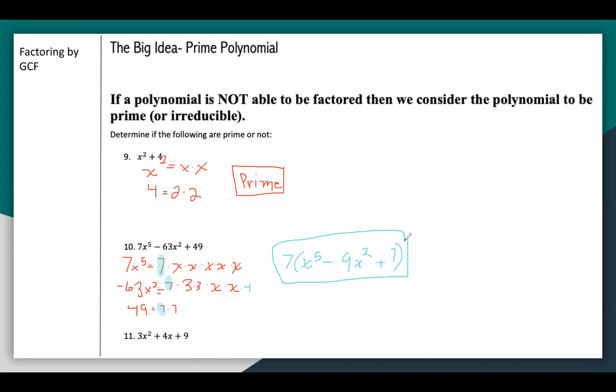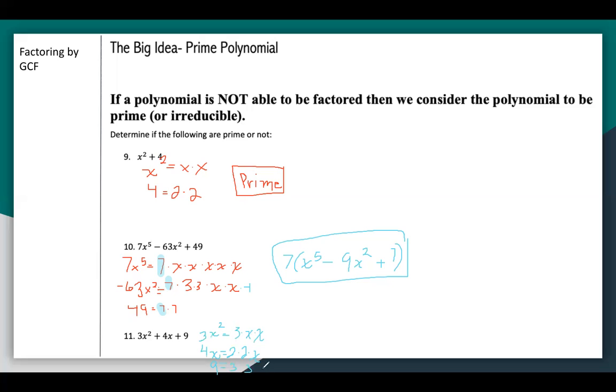But if we look at 11, 11 is 3x squared, which can be broken down to be 3 times x times x. 4x can be broken down to be 2 times 2 times x. And 9, I'm going to be going way to the bottom, 9 is 3 times 3.